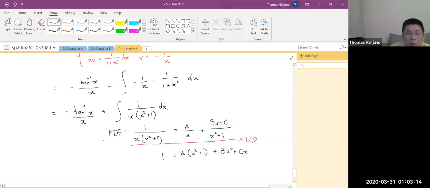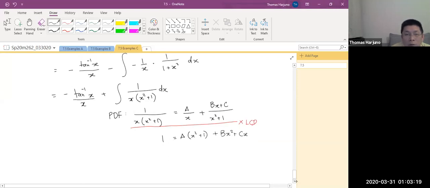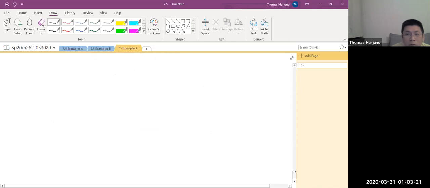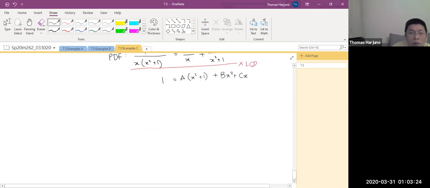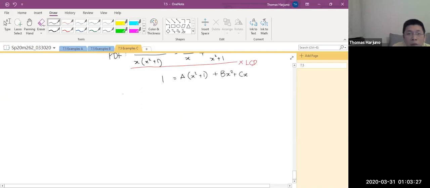Then from here, I see for the x squared term, on the left hand side is 0, the right hand side is a plus b. For the x term, on the left hand side is 0, on the right hand side is c only, right? But the constant term on the left hand side is 1, on the right hand side is a.